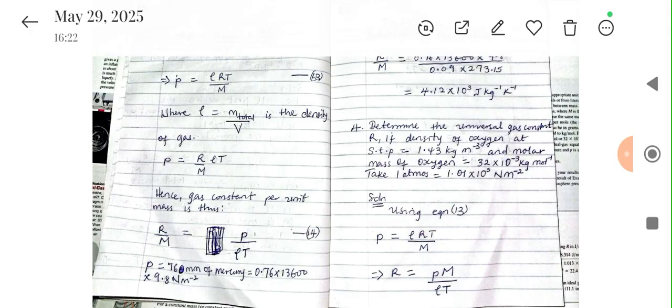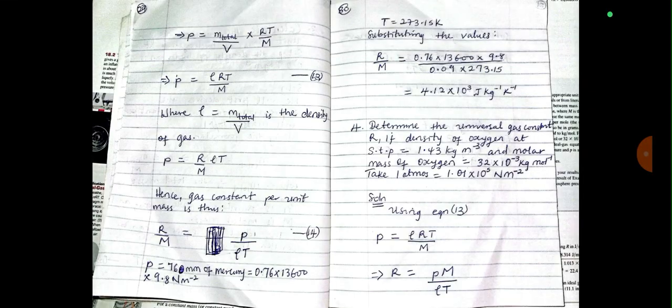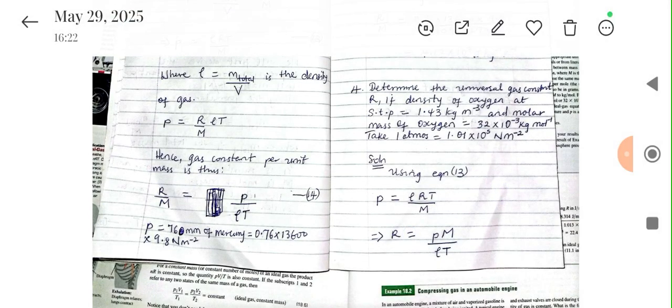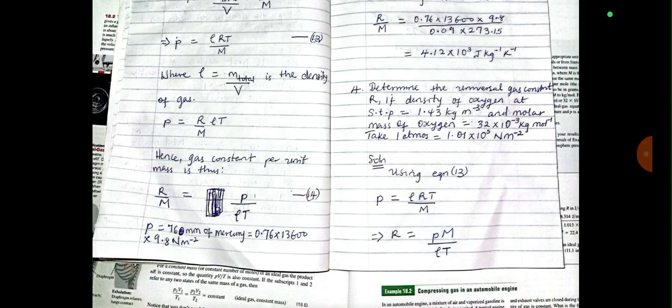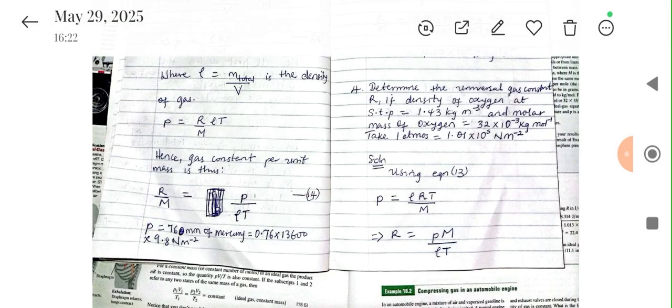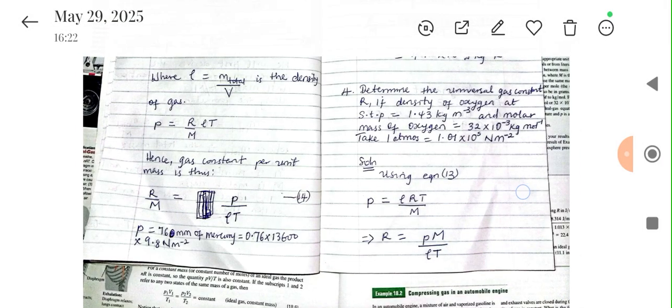So we are using this equation now, where we are asked to find R. Making R the subject of formula, R equals pressure times molar mass over density rho times temperature.